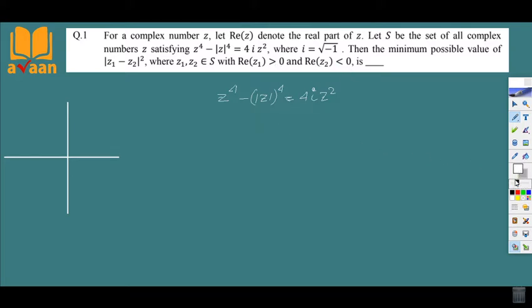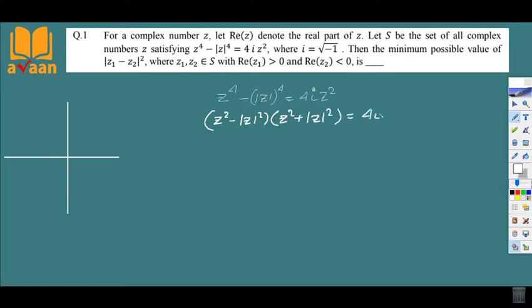Before going ahead with anything, let us first try to analyze what has actually happened here. This gets factorized as z square minus modulus of z square into z square plus modulus of z square is equal to 4 iota times z square.